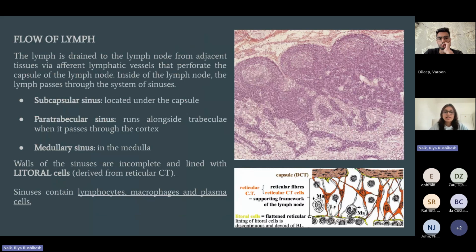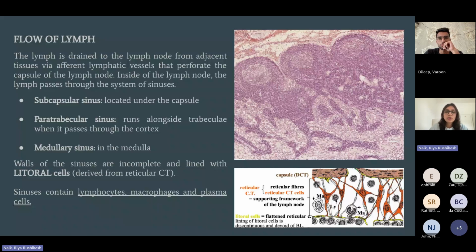The function of these sinuses is to recognize the antigens present in the lymph, if there are any, and they do so because they have specific cells called lymphocytes, macrophages, or plasma cells. These three cells are present in the sinuses and can detect if the lymph has any antigens present in it.